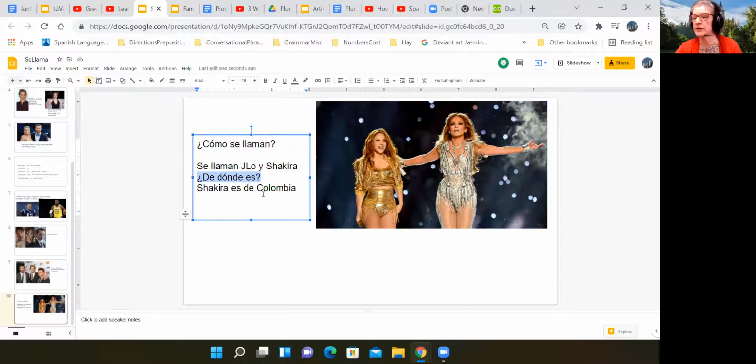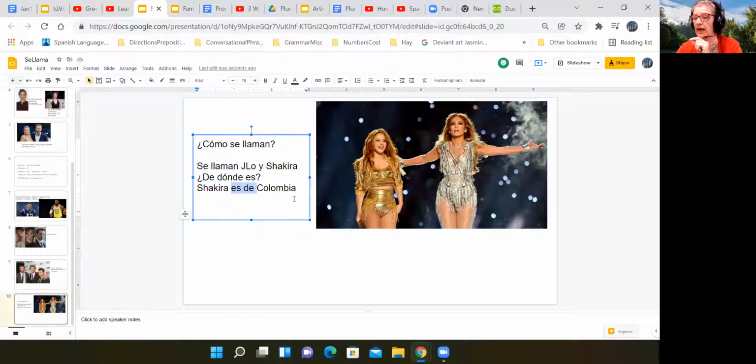That's the word order we would need in Spanish. ¿De dónde es? We would never say donde es de, where is from. It's de donde es. Colombia. See, from where is. Shakira es de. She's from. Now, I'm not telling Shakira her name is Colombia. I'm saying she's from.